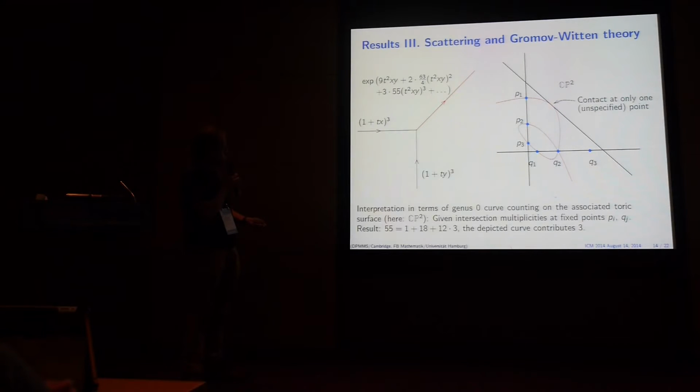The term 18 accounts for nodal curves that go through all 6 points, where the node appears somewhere other than one of those 6 points. And this 1 is actually accounting for triple covers of lines. The total is 55 and accounts for the coefficient 55 here. So the basic point is that there really is a very simple enumerative interpretation for this scattering process, and the belief is this will ultimately lead to a solid proof of mirror symmetry from this tropical viewpoint.